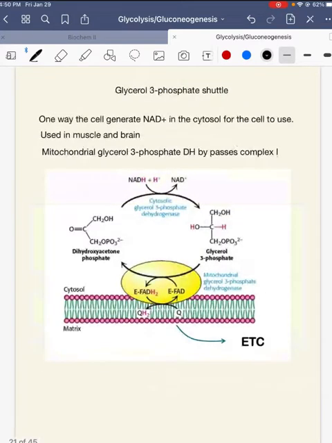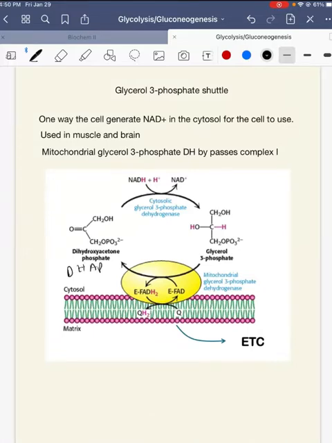Okay, so I mentioned that the GAPDH needs NAD plus in the cytosol to run glycolysis. So the cell mainly has two main mechanisms. I'll mention a third one later on, but cells usually have two main mechanisms to generate that. So remember when we split, we made a GAP and a DAP molecule. So the GAP molecules continue in glycolysis.